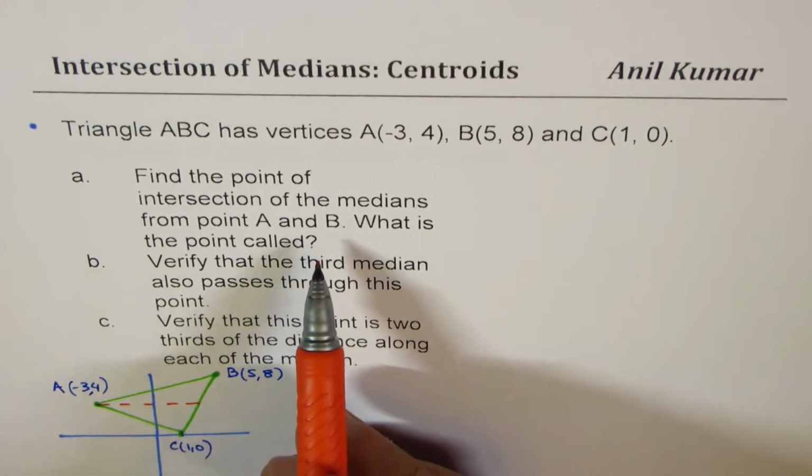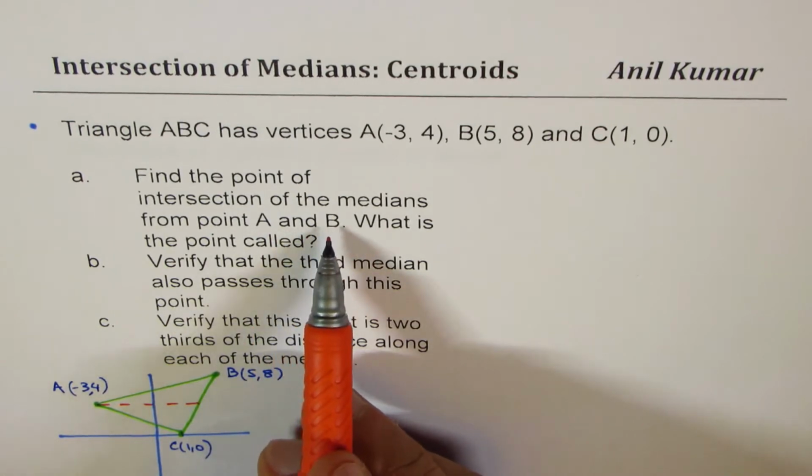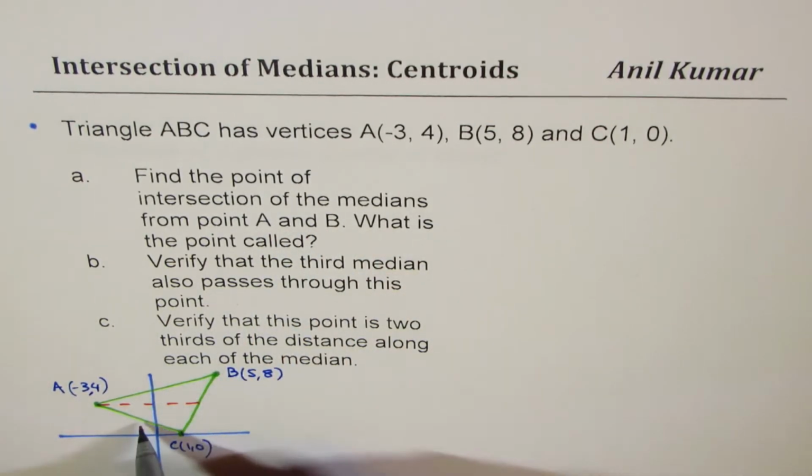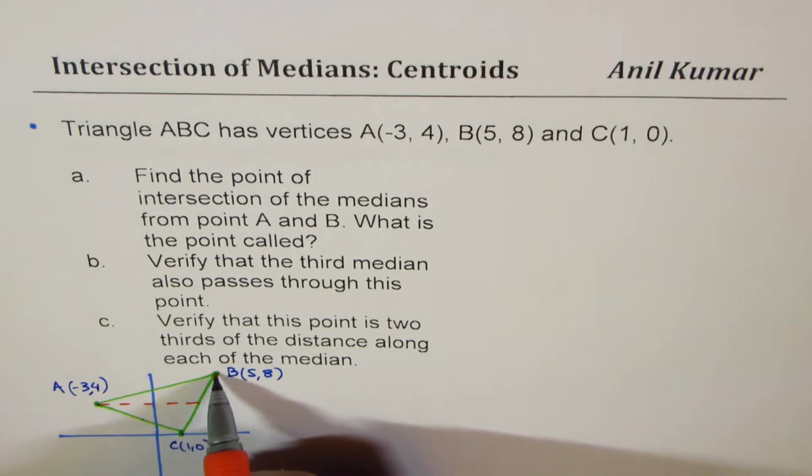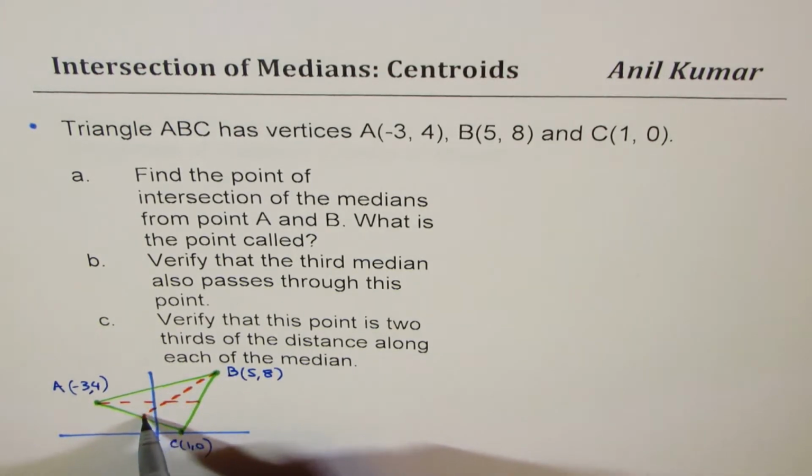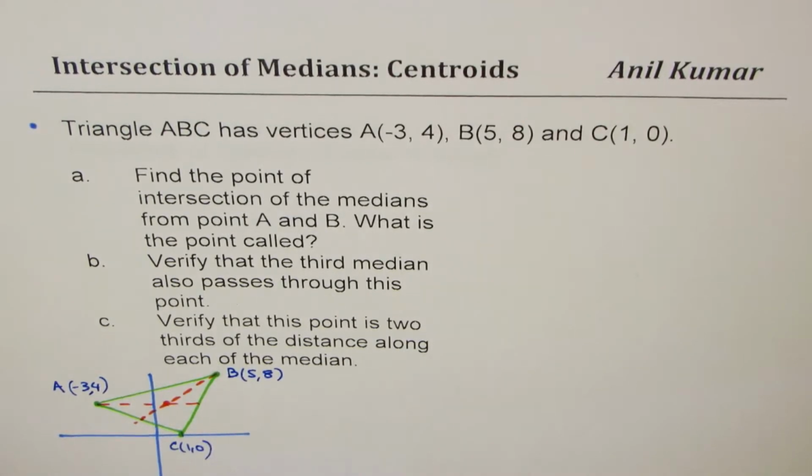For the median from B, we locate the midpoint on this side and then join. So that becomes the median. And as you can see, somewhere in between, they are going to intersect. We need to find this point of intersection.